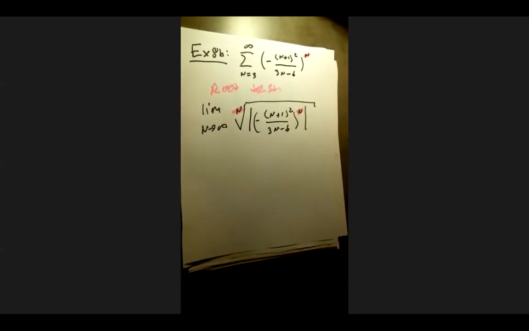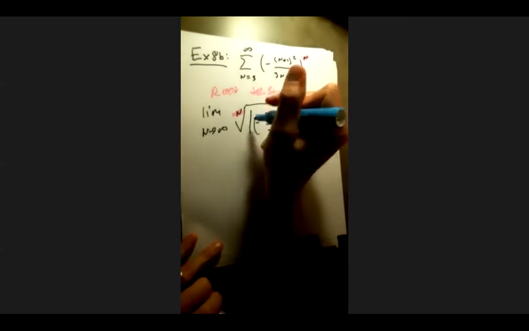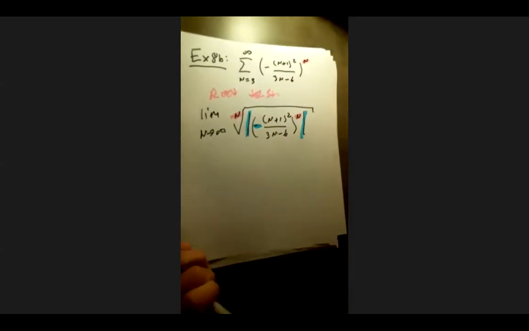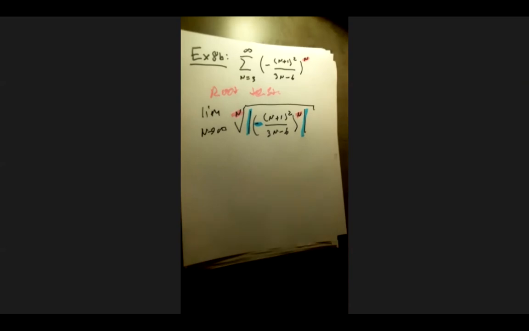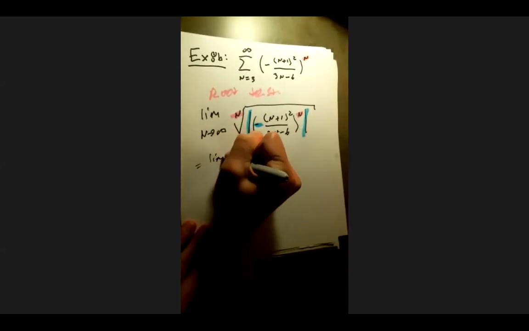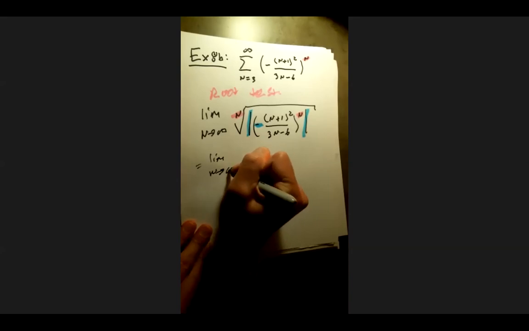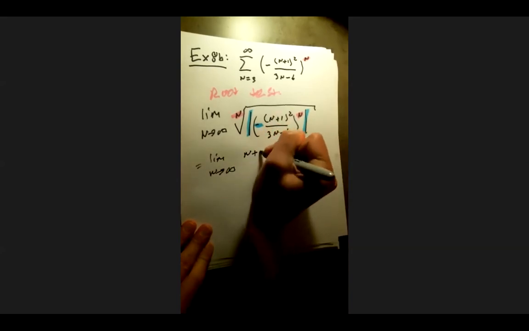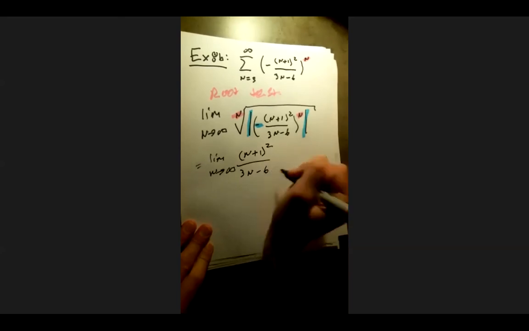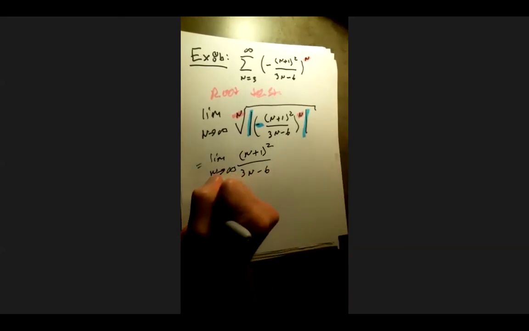The absolute value is super nice. It's going to take out that negative. So we have the limit as n goes to infinity of (n plus 1) squared over 3n minus 6, which is what?